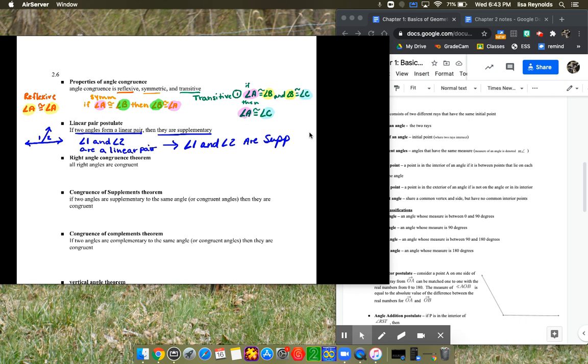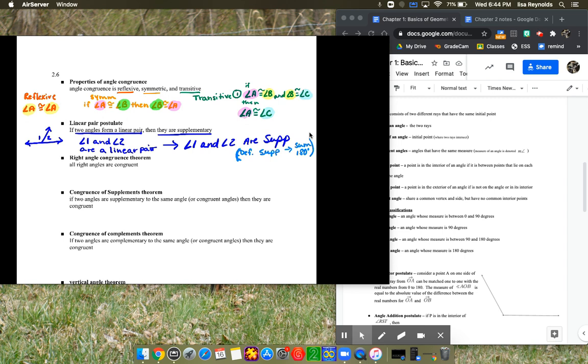So don't forget that along with this one, you're probably going to want to look up the definition of supplementary, which tells us that we get a sum of 180 degrees. So to go along with this particular postulate, we often use the definition of supplementary.